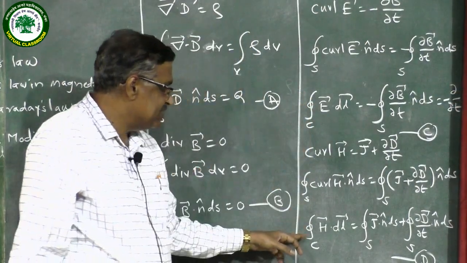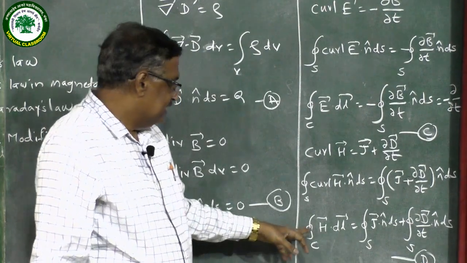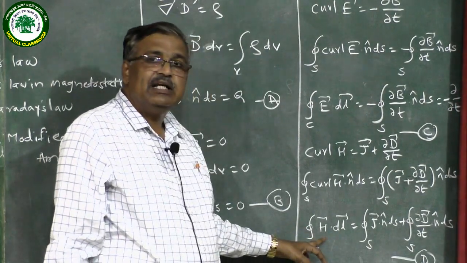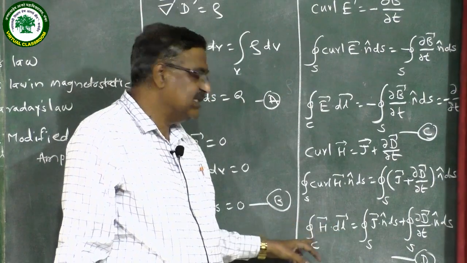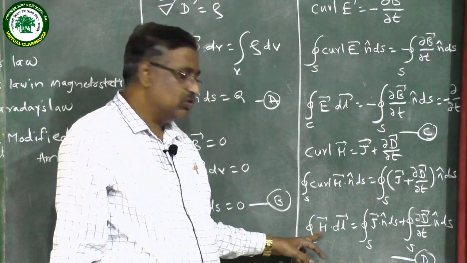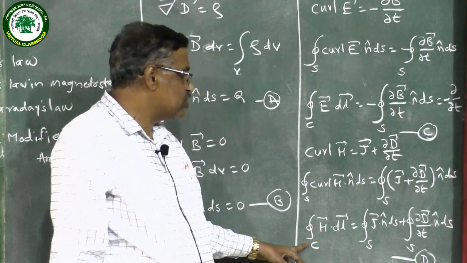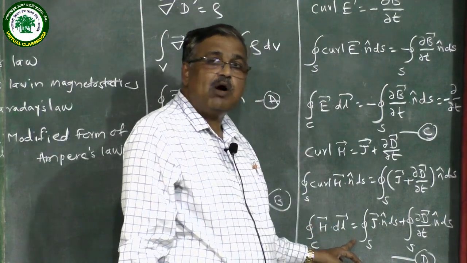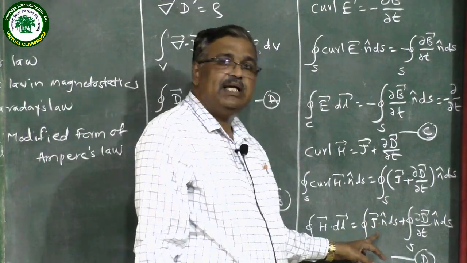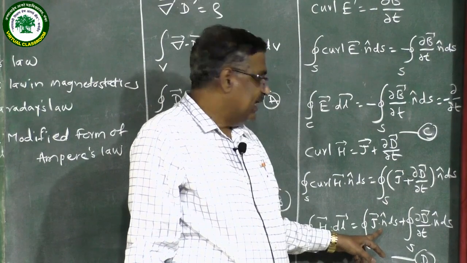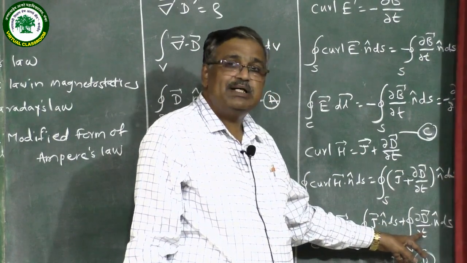While the fourth equation can be stated as the line integral of magnetomotive force. This term is known as magnetomotive force. So the magnetomotive force passing through any closed surface is equal to the sum of two terms. The first term is the true current and the second term is the displacement current.